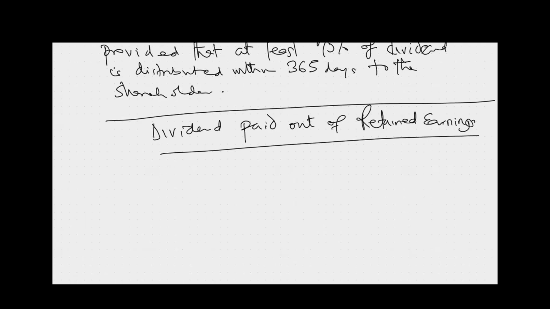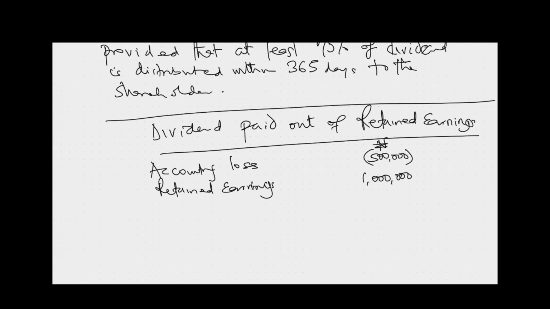Accounting loss, $500K. Retained earnings, $2 million. Dividend declared, $500K.